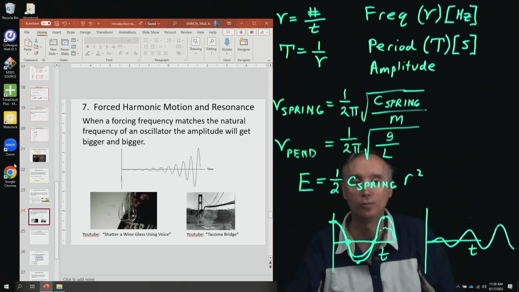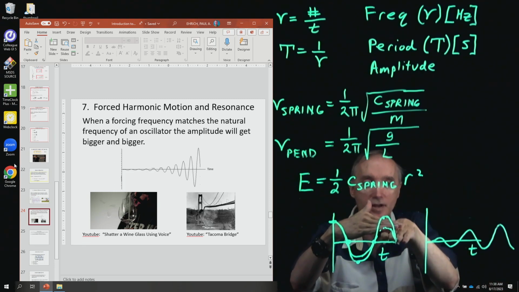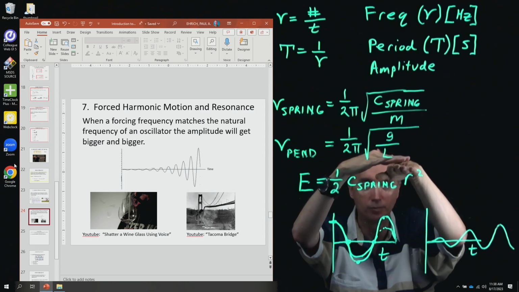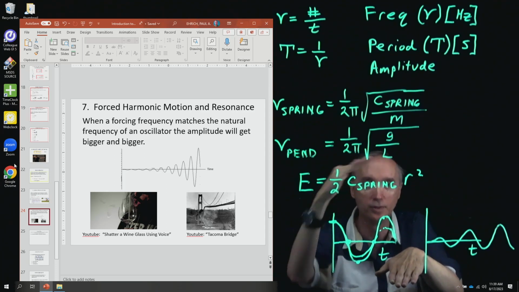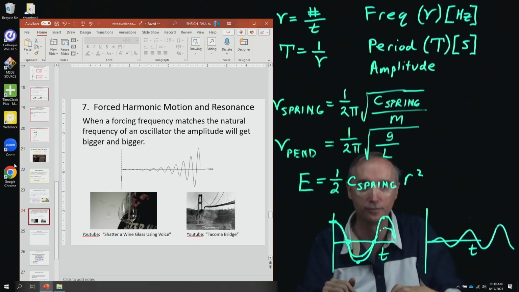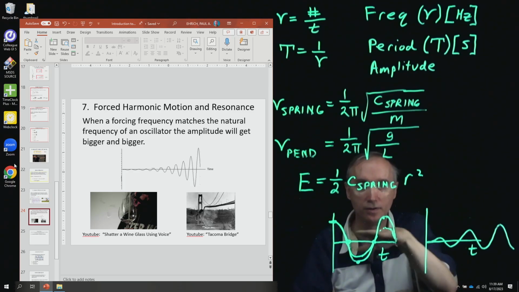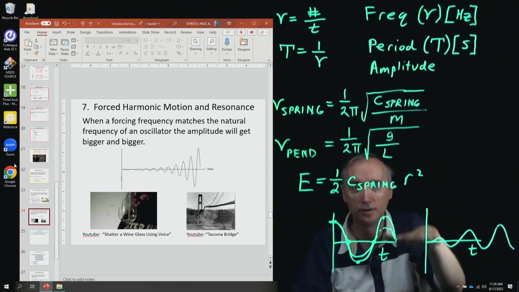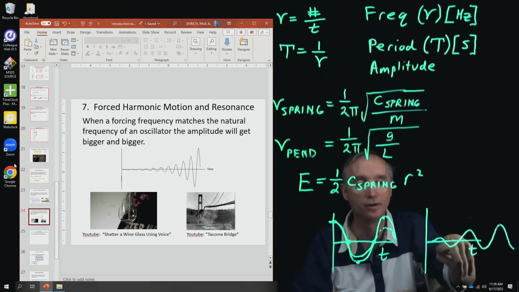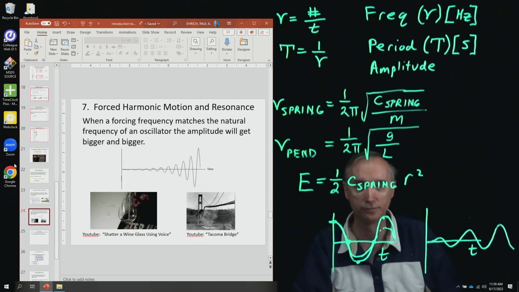So they would wait for a windy day, and if they timed it just right, their car would be on top of the bridge when it was at its top, and then the bridge would drop out from underneath them, and their car could go airborne. Well, one day the wind was blowing at just the right speed across the bridge that it started the bridge to go into resonance, and the amplitude got bigger and bigger and bigger until finally it broke the bridge apart.